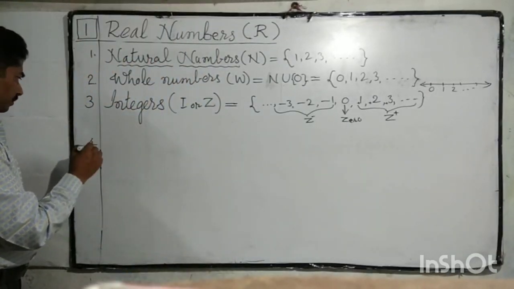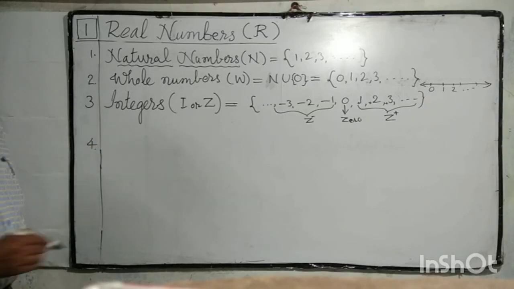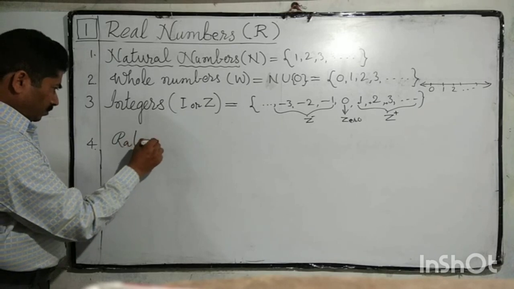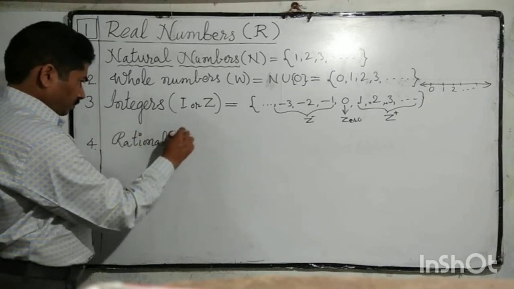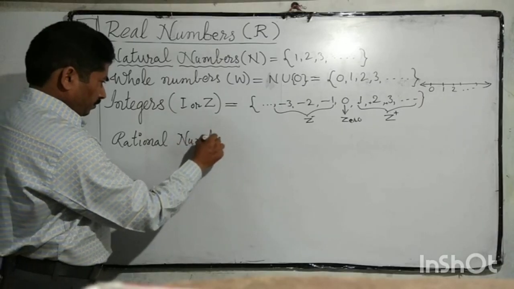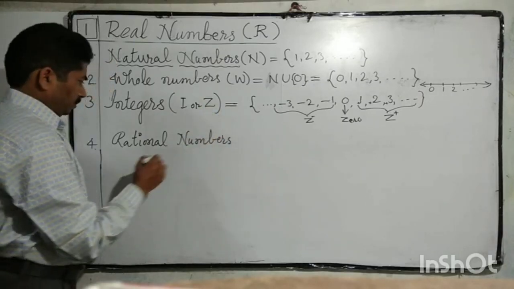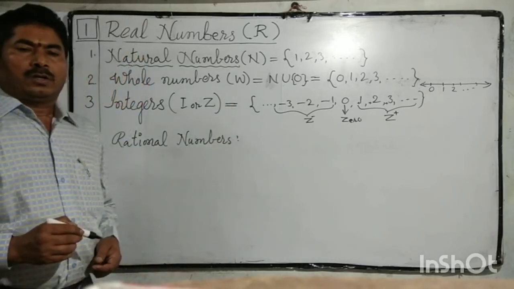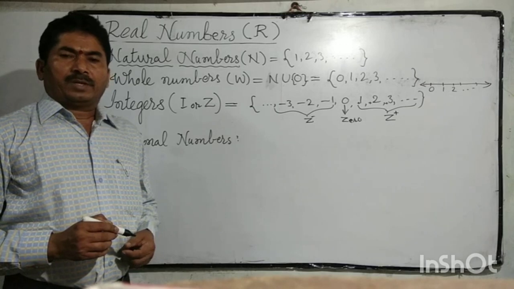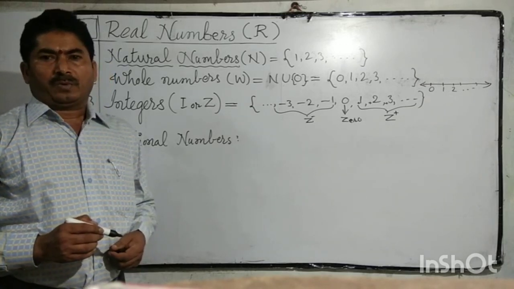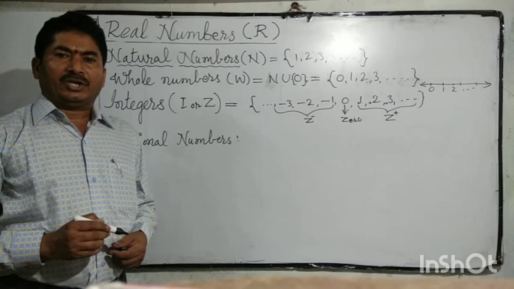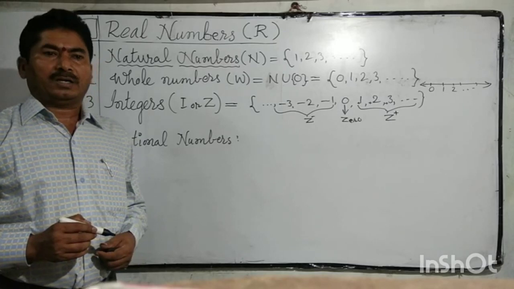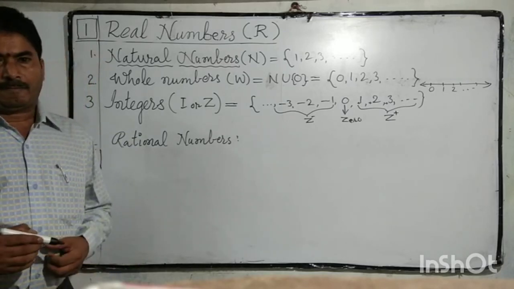Next, rational numbers. The numbers which can be written in the form p by q, where p and q are integers and q is not equal to 0, are called rational numbers.